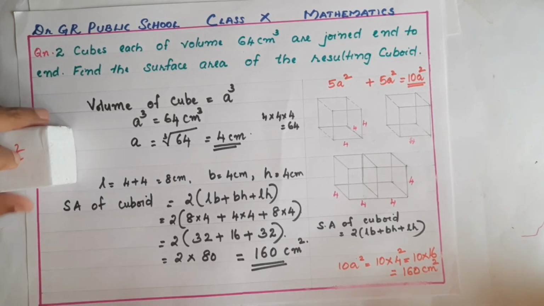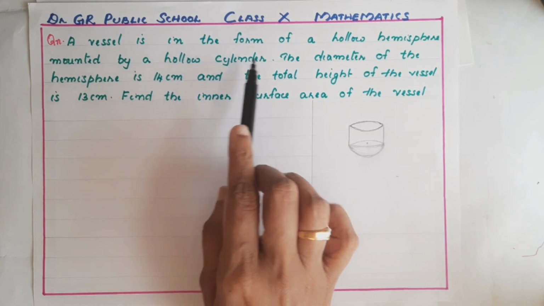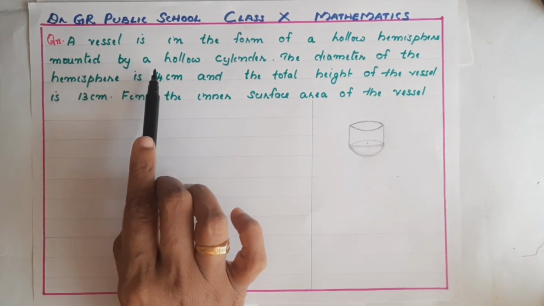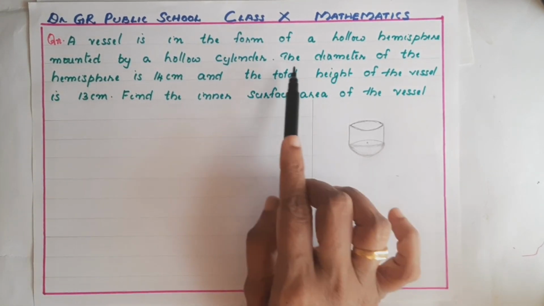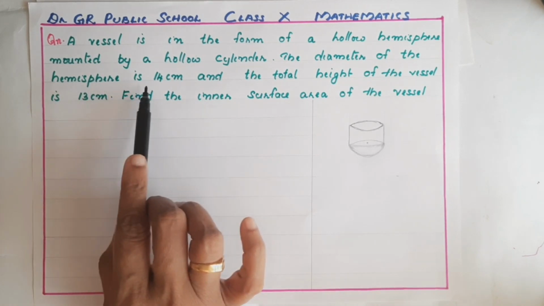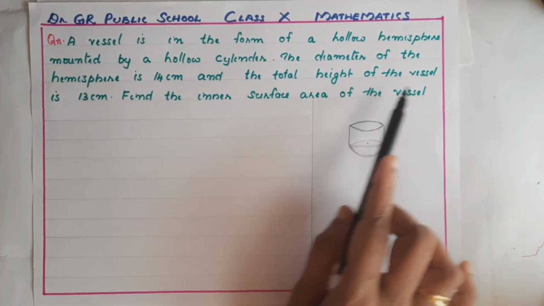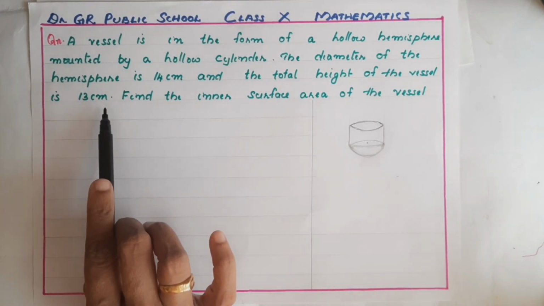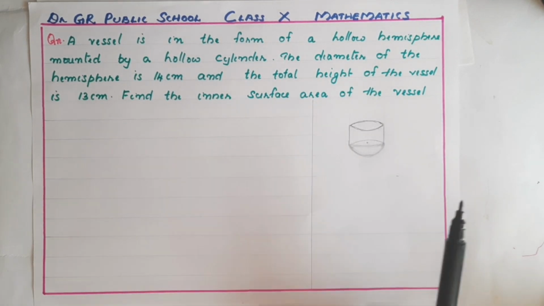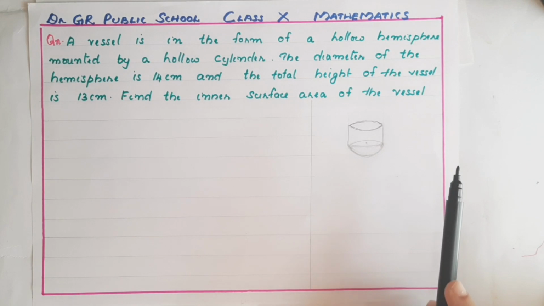Is it clear, children? Next question is, a vessel is in the form of a hollow hemisphere mounted by a hollow cylinder. The diameter of the hemisphere is 14 centimeter and the total height of the vessel is 13 centimeter. Find the inner surface area of the vessel. So did you get the question, children?